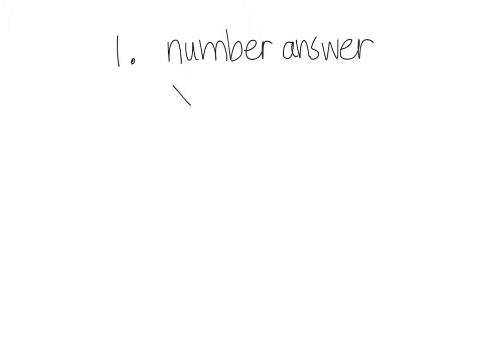Just like we have been doing so far, you may get a number answer. If you get a number answer, you will end up with something like x equals -2. That is a number answer that we have had for the past few weeks. You may end up with a true statement.